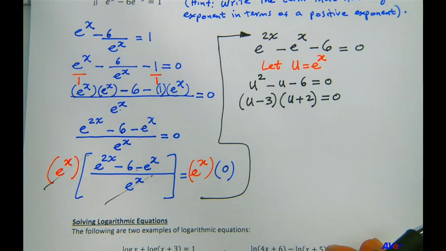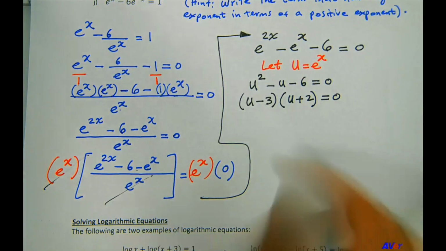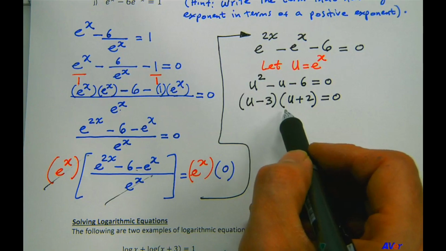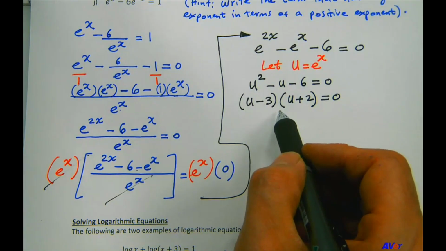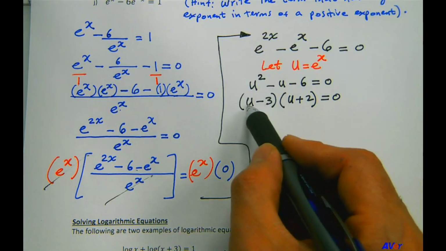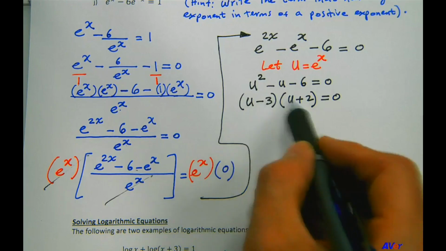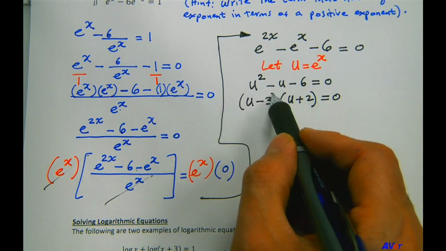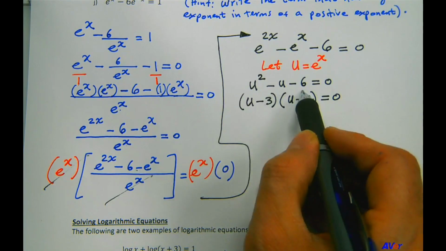Okay? Now what? Well, by using the zero product property, which we learned many sections ago at the beginning of the semester, when you have the product of two factors equaling 0, then either this factor is equal to 0, or this factor is equal to 0, or both of them are.